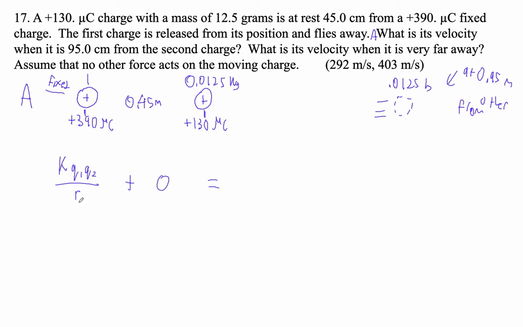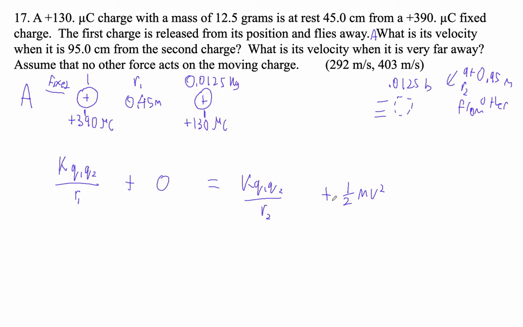And R here is, I'll call this R1, and then afterwards, I'll call this R2. So now afterwards, it's going to be K Q1 Q2 over R2. Now notice that R2 is bigger, which makes this term smaller, right? So some of that energy will be kinetic energy. And it's the kinetic energy of this guy, since this guy sits still.